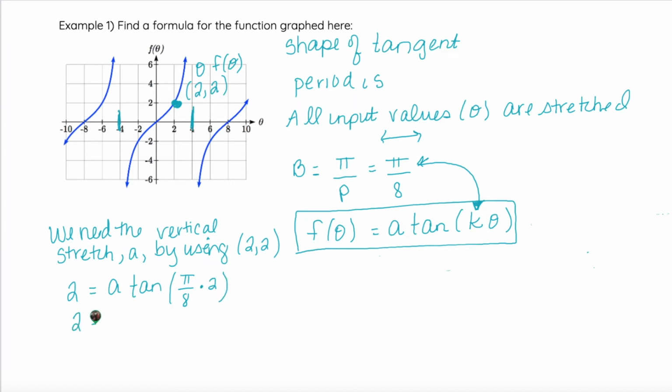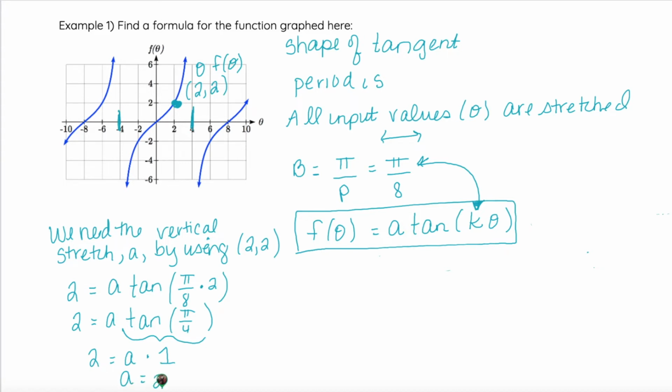So 2 is equal to A times tangent of pi over 4. Using my unit circle or our exact trig values, I know that tangent of pi over 4 is equal to 1. Therefore, A has to equal 2.